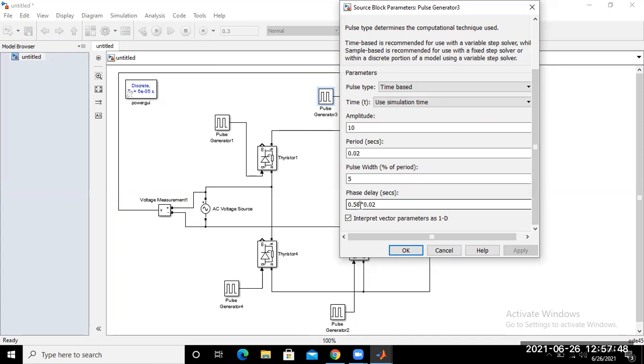So 225 divided by 360 degree, that is 0.625. 0.625 into 0.02. So apply and okay.